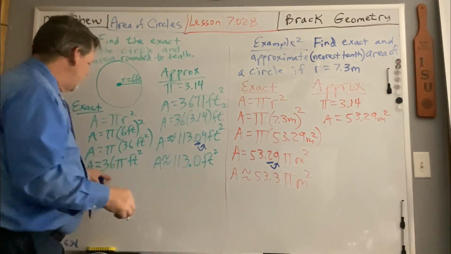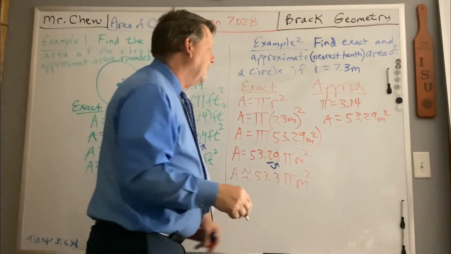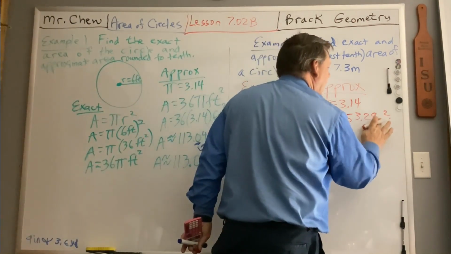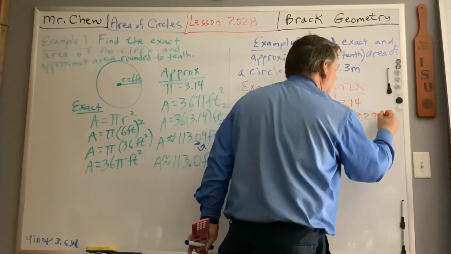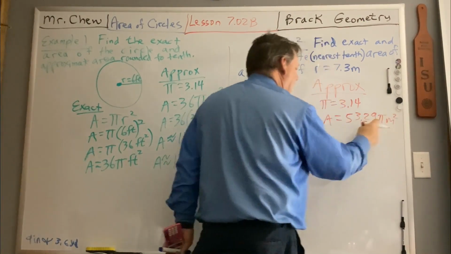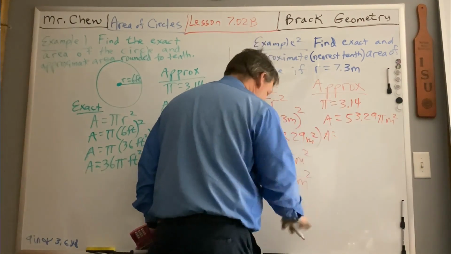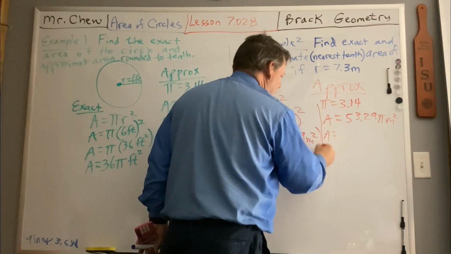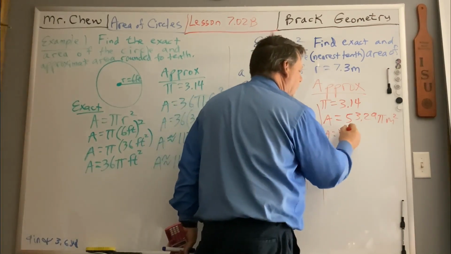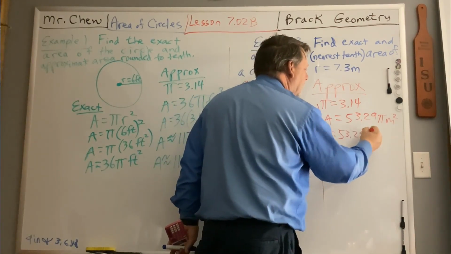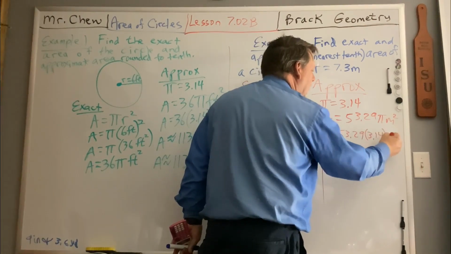Remember, your exact is going to have the pi's in them. So I'm going to have to substitute pi for 3.14 using the substitution property of equality. So it's 53.29 times 3.14 meters squared.